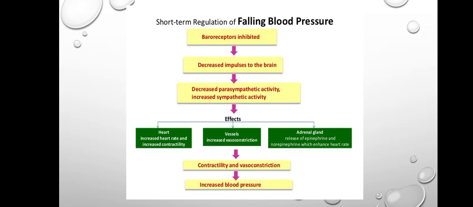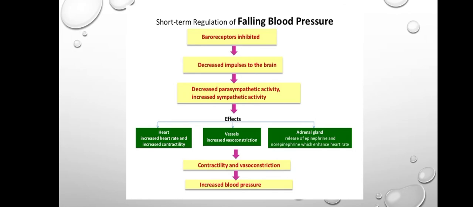What simply happens there is that lesser impulses are generated within the carotid sinuses and the aortic arch, and quickly there's enhanced sympathetic output. So the baroreceptors are inhibited, and lesser impulses will be sent to the brain because pressure has dropped. Then there's decreased parasympathetic activity, and the sympathetic activity will be increased. The end result is that heart rate will increase and contractility will also increase.